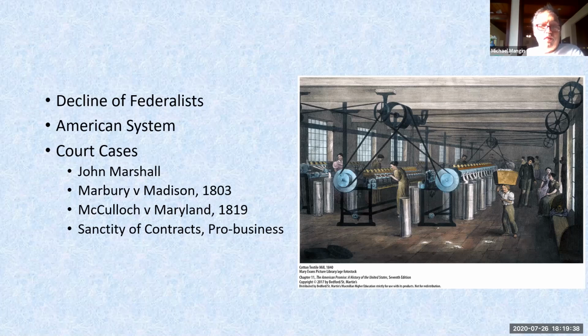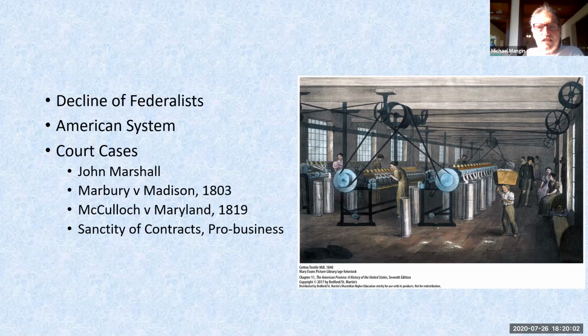And that also contributed to their decline as a major opposition party to the Democratic Republicans. We'll skip the American system of Henry Clay and just go right to the court cases.